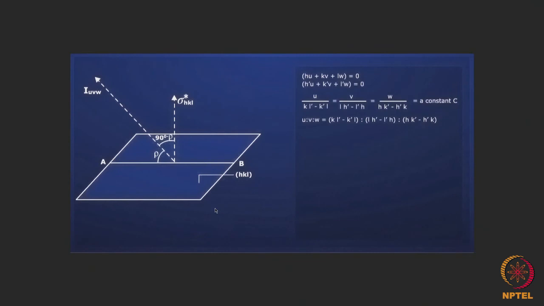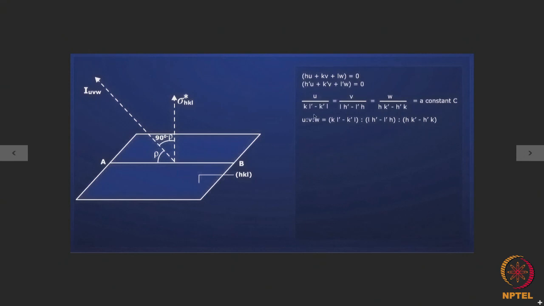Say for example, we have got two planes HKL and H prime K prime L prime belonging to the same zone, for which the zone axis is UVW. So, using the zonal relationship, we can write down HU plus KV plus LW is equal to 0, H prime U plus K prime V plus L prime W is equal to 0.